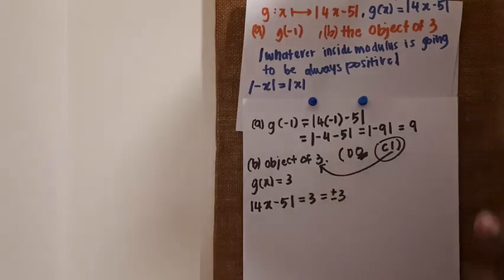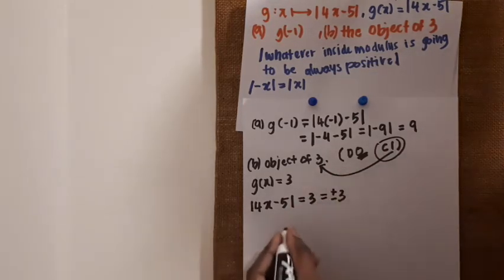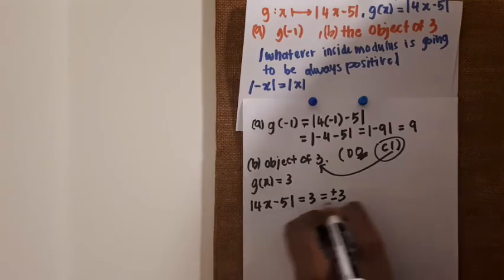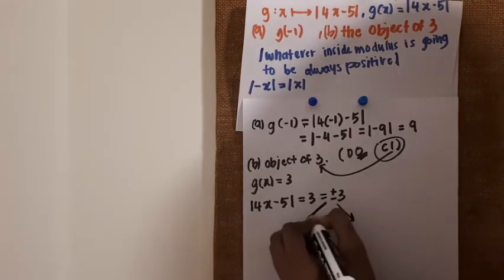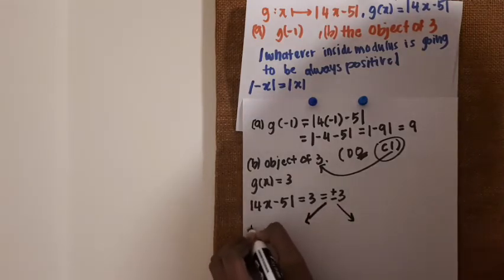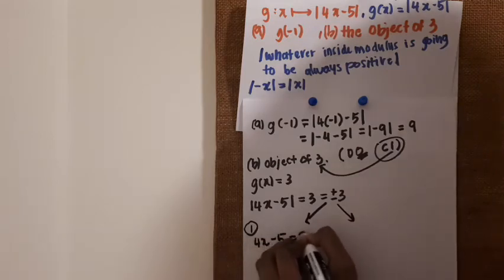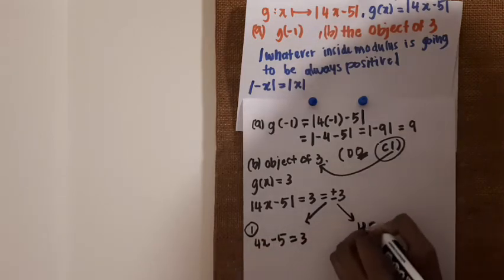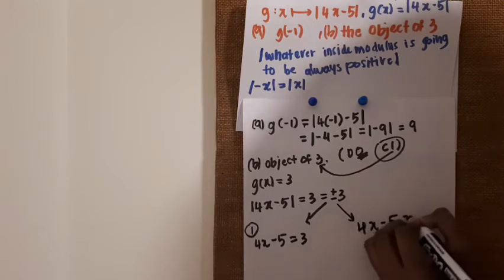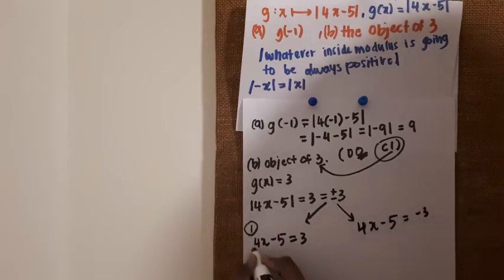Now we are going to solve for it. So let's say we are going to have two types of answers here. The first one is 4x minus 5 equals positive 3, and 4x minus 5 equals negative 3. And then solve for it.